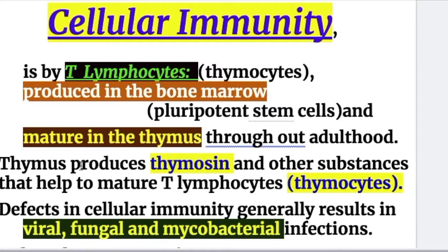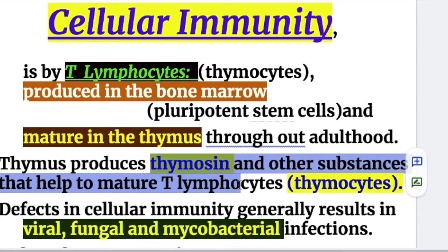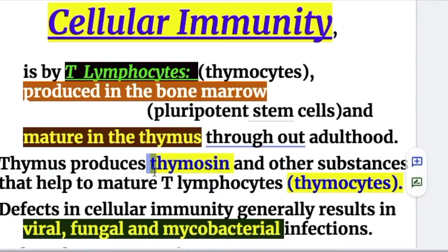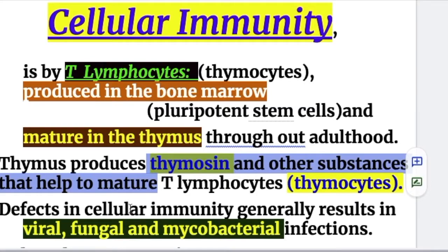So how does the thymus mature them? The thymus produces thymosin and other substances to help mature T lymphocytes or thymocytes, and defects in cellular immunity generally result in viral, fungal and mycobacterial infections. So cellular immunity is done by T lymphocytes produced in the marrow and matured in the thymus under the supervision of thymosin and other thymic substances, and the defect in cellular immunity produces viral, fungal and mycobacterial infections.